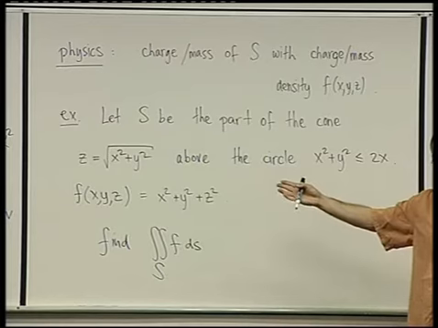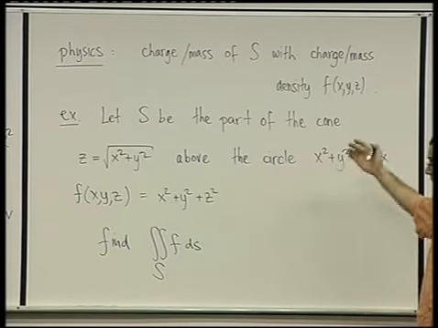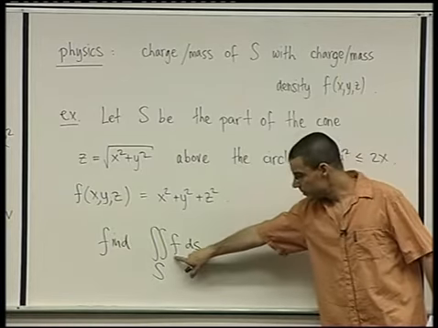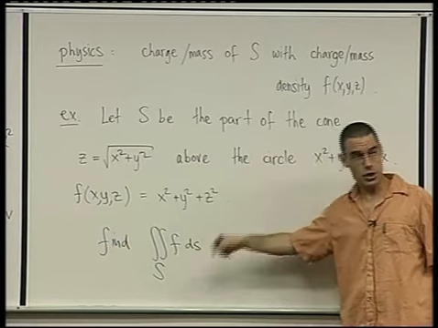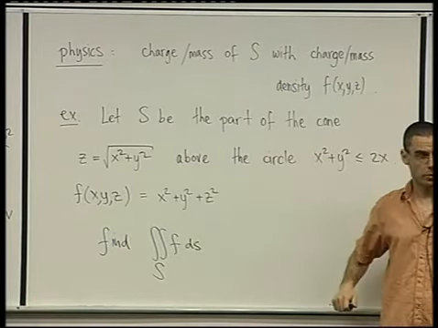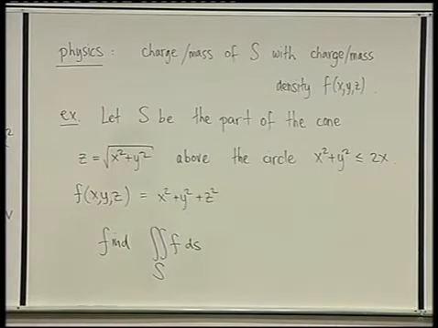By definition, we need to parametrize the surface, then calculate the normal, then find f on the parametrization, multiply by the length of the normal, and integrate du dv for the parameters. Looking back here, this is what we want to calculate.